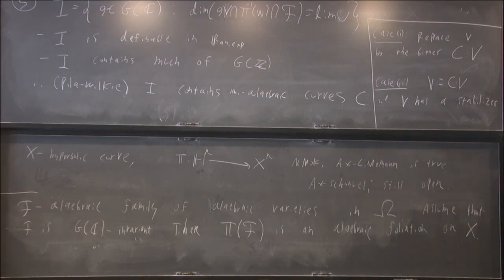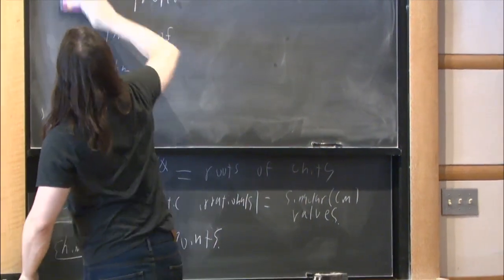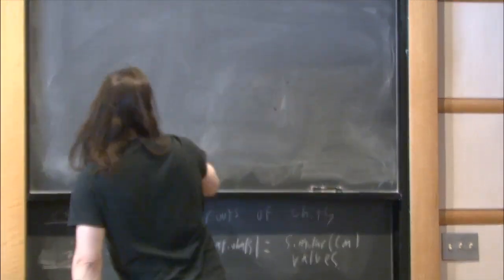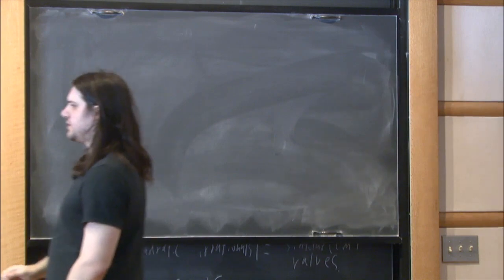So let me, oh yeah, I have time, I think. So let me go a little bit towards making this precise. So what's the right way to capture complicated algebraic foliations, differential equations on a space?